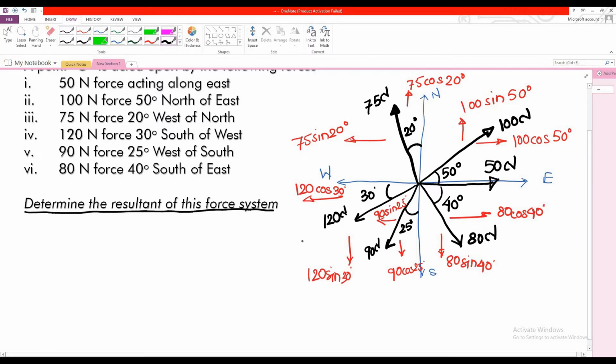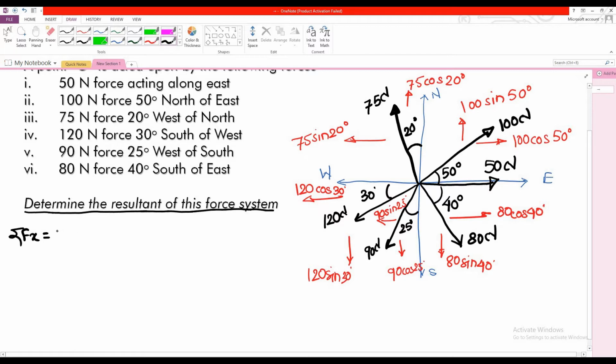Now the second step is to determine summation Fx and summation Fy. Now how do we do it? Summation Fx is nothing but the summation of forces along the x-axis, parallel to the x-axis.